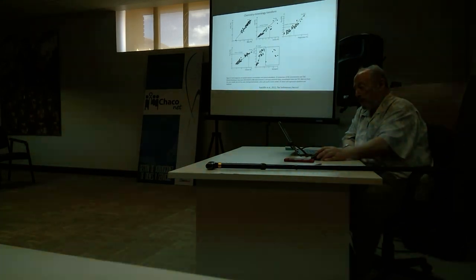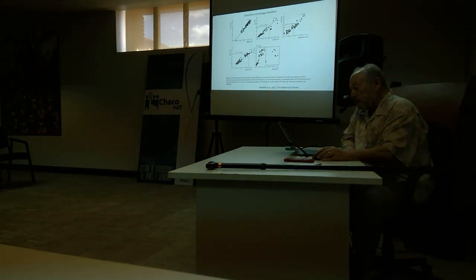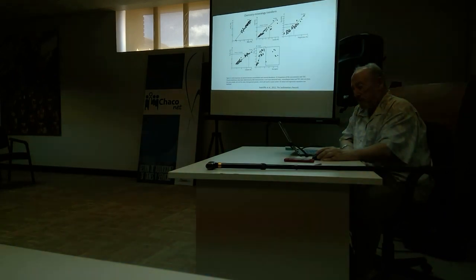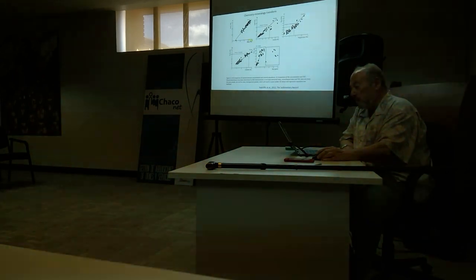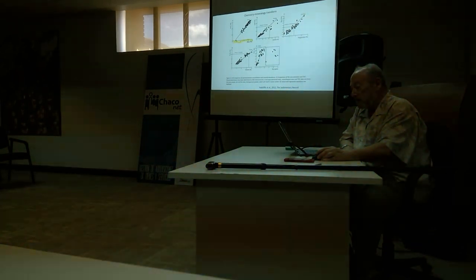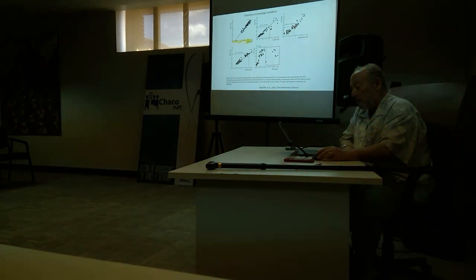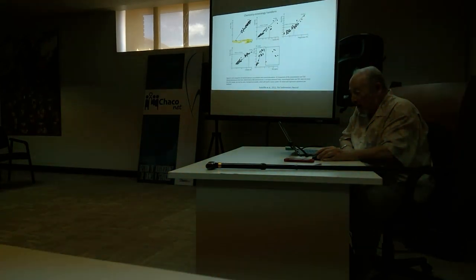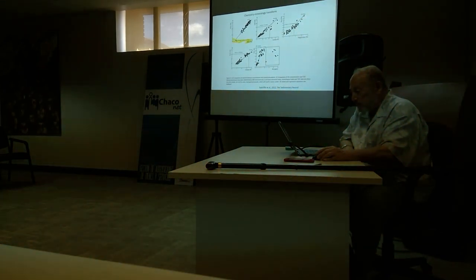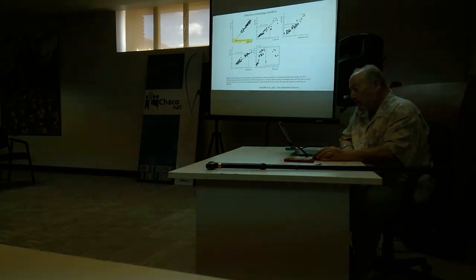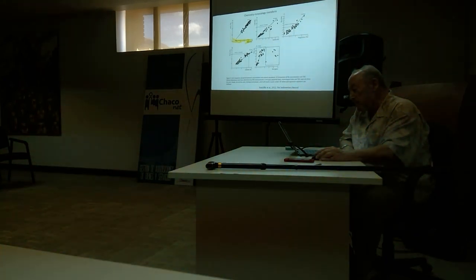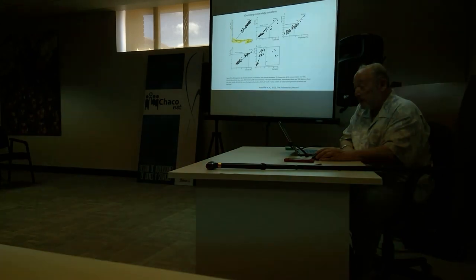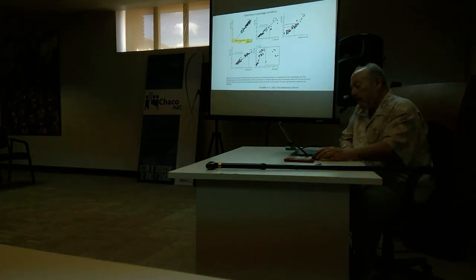So let's look at this picture here. This is from a publication, and what it shows is common minerals in a shale. Like one is called illite, it's a clay mineral. And so the horizontal axis is the mineral illite, and the vertical axis is the element aluminum.